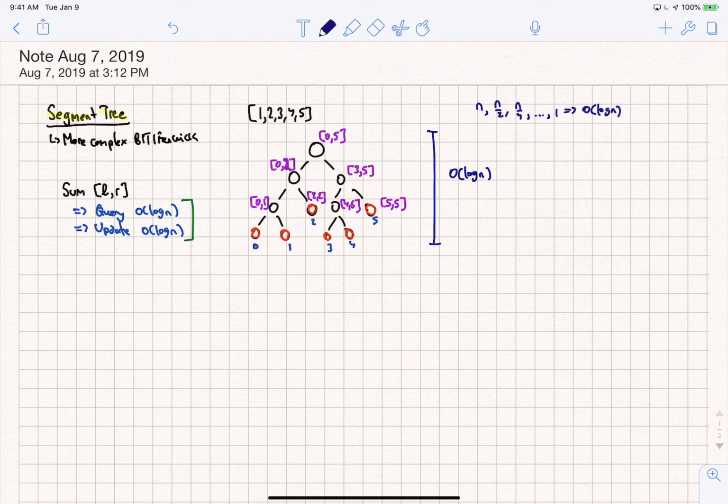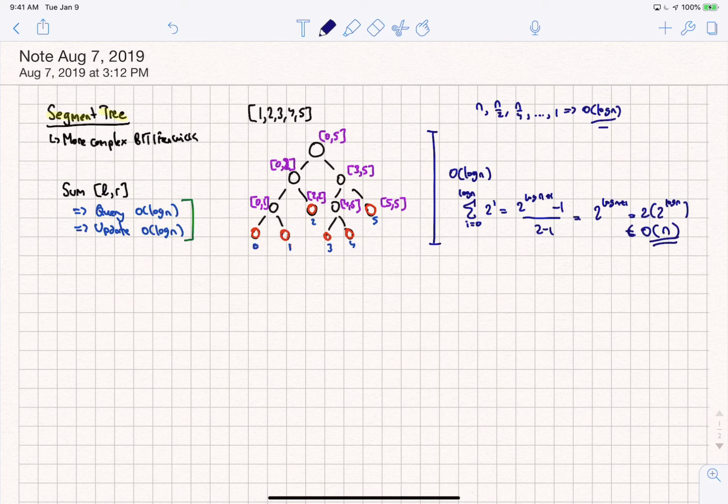Now the second aspect is how many nodes will there be? Well, at every single level, we're going to be doing a summation, for a height of log n, of 2 to the i in the worst case, which is 2 to the log n plus 1 minus 1 over 2 minus 1, which is 2 to the log n plus 1, which is 2 times 2 to the log n, which belongs to O of n.